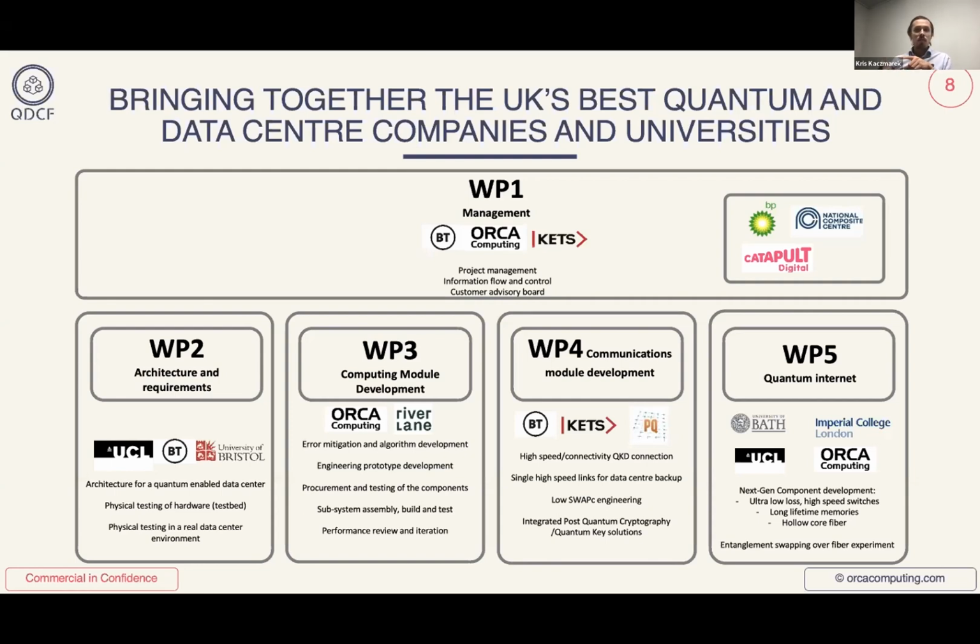We have University of Bath, Imperial College London, UCL, and University of Bristol working with us. And finally, we have Digital Catapult as well, acting on behalf of the end users who will use this technology once it becomes available.